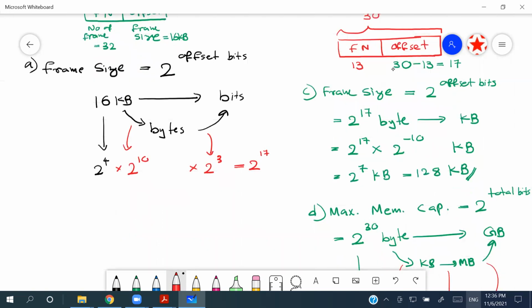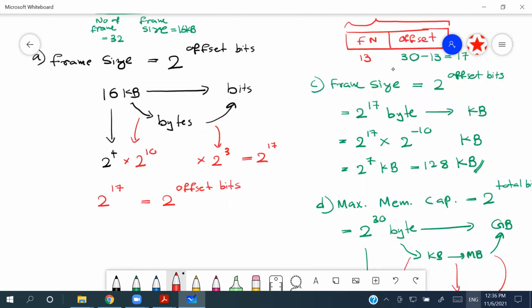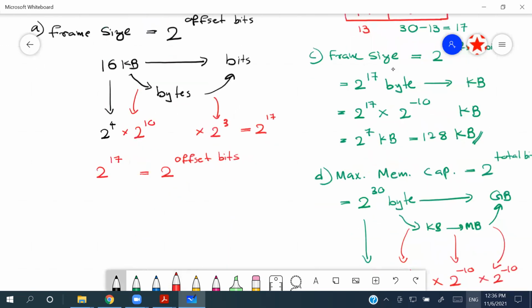Now we can say 2 to the power 17 equals 2 to the power offset bits, or you can write Y here as well, because I have named it Y. Since my equation contains values which are in the same base, I can equalize the powers with each other.